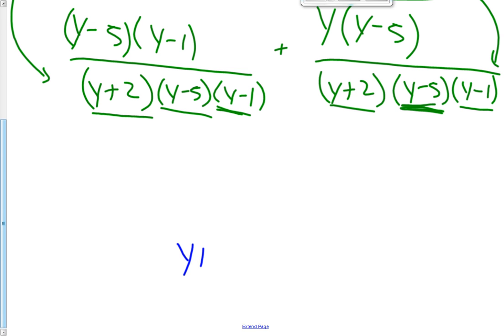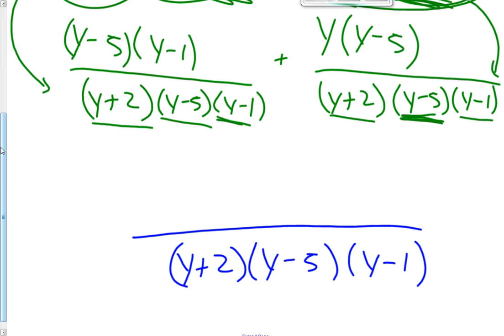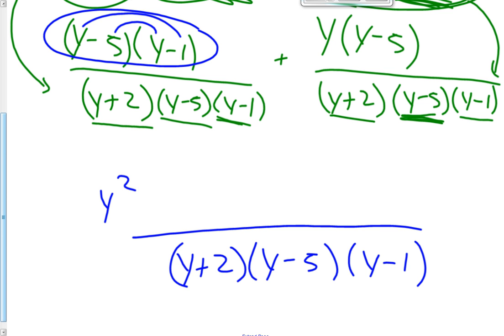Your common denominator is y plus 2 times y minus 5 times y minus 1. And here is your numerator. Let's FOIL this. So you're going to get y squared minus 1y minus 5y is minus 6y. And then a negative 5 times negative 1 is a positive 5. Let's use the distributive property right here to get plus a y squared and a minus 5y.